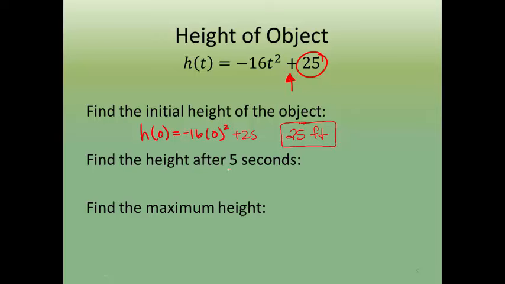Next one, find the height after 5 seconds. Negative 16 times 5 squared plus 25. Negative 16 times 25 plus 25. This is negative 375 feet, the height after 5 seconds. What could that possibly mean?